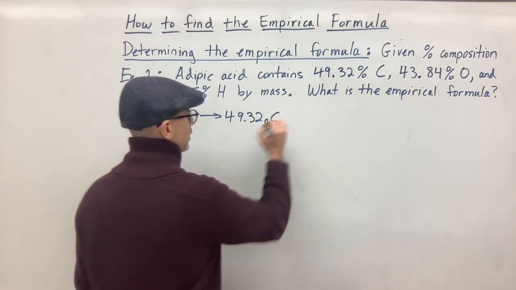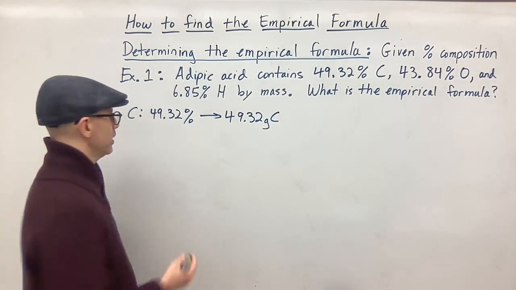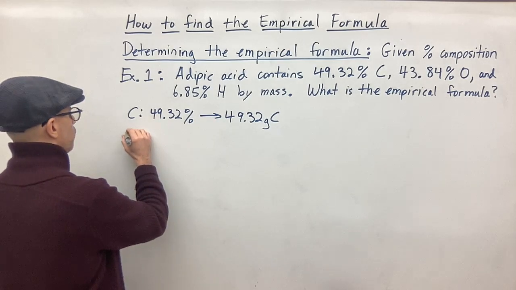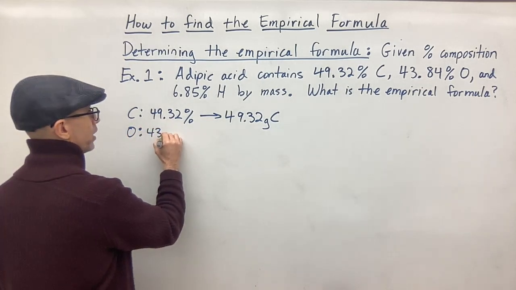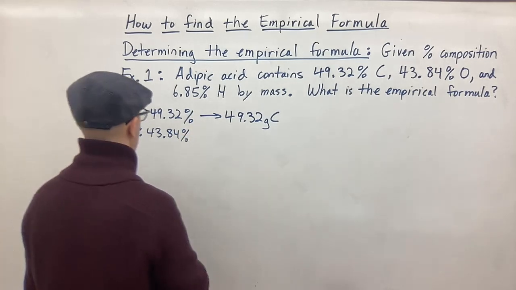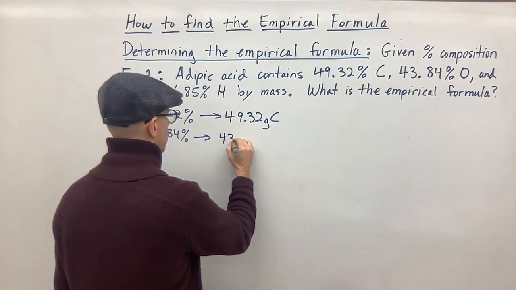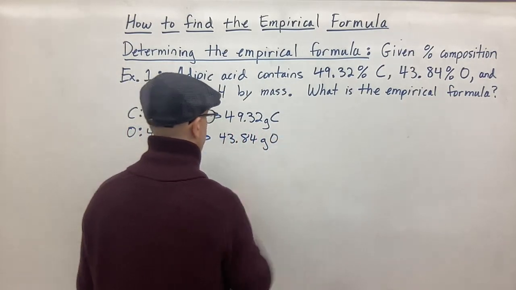So I have that many grams of carbon out of 100 grams of my adipic acid. And I do the same thing for the other two. For oxygen, I have 43.84%. I'm just going to change that to grams. So that's going to be 43.84 grams of oxygen.